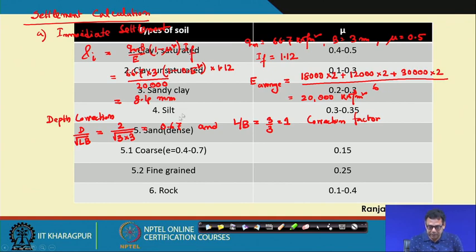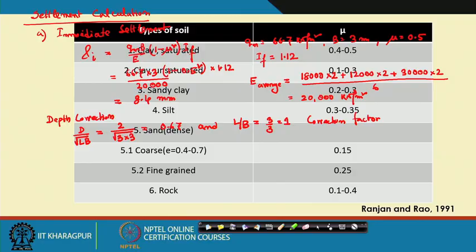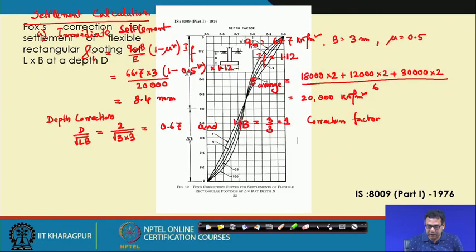For the sand, it is around 0.15 to 0.25, or you can say take 0.25 to 0.3 also. I am taking 0.3. You can take 0.25 also. So, I am taking 0.3, and this is the chart that I will use.